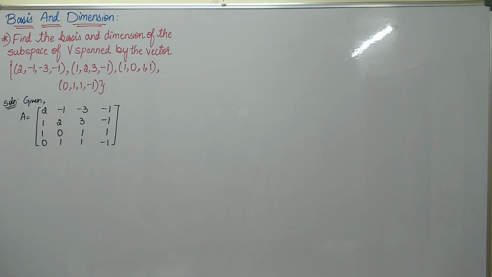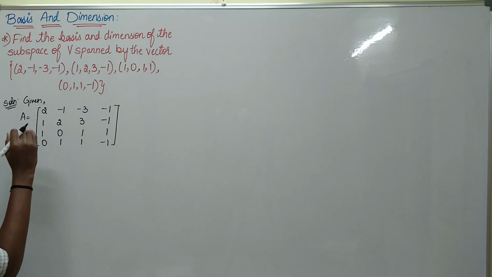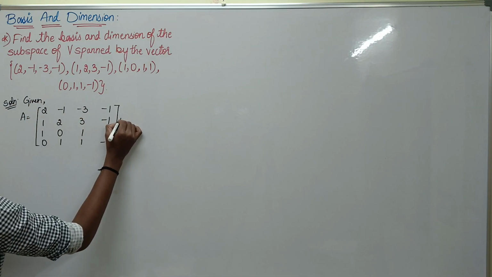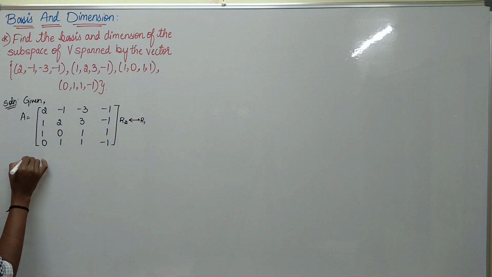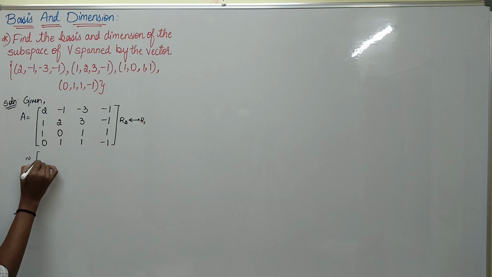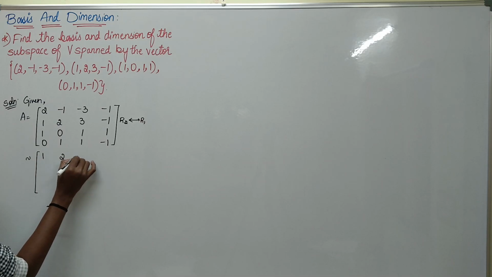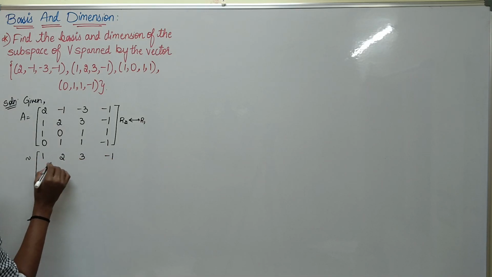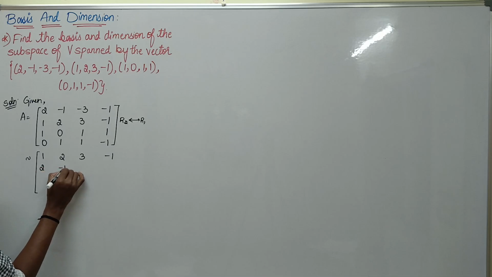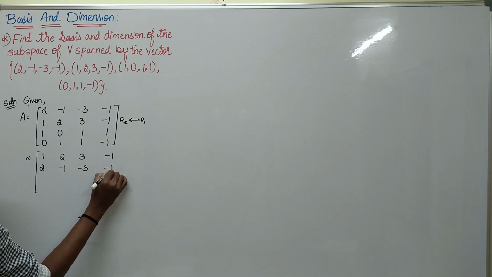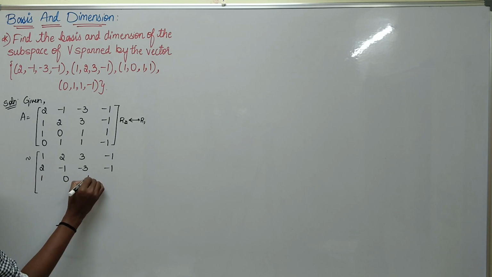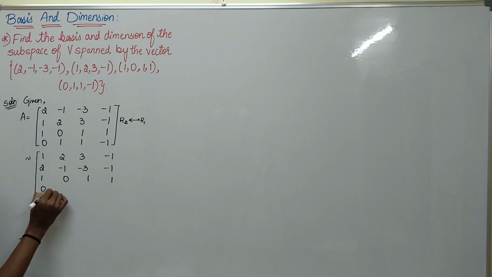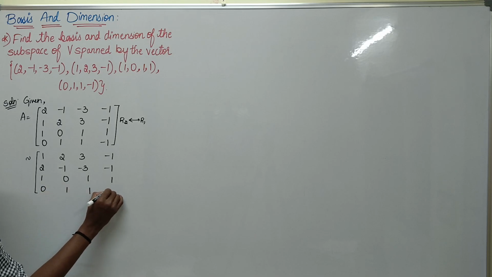By using elementary row operations, we are going to reduce this matrix. First, just interchange the rows. That is, R2 changes to R1, which will be equivalent to 1, 2, 3, minus 1; 2, minus 1, minus 3, minus 1; 1, 0, 1, 1; 0, 1, 1, minus 1.